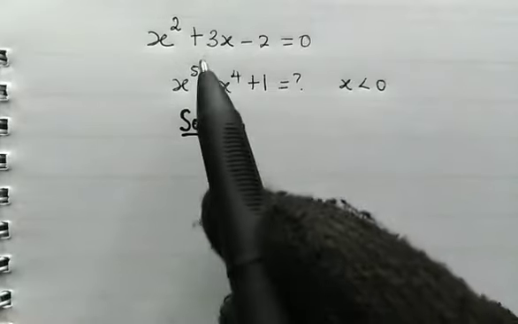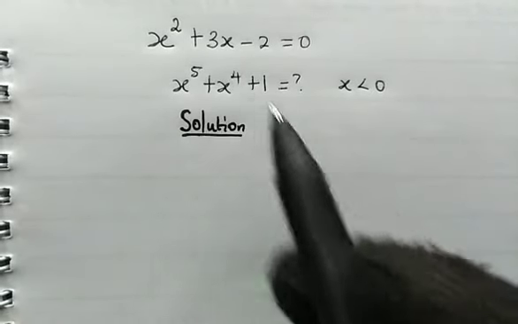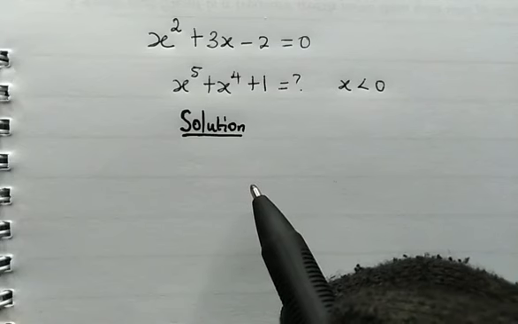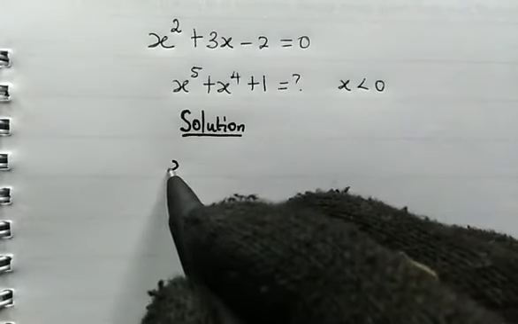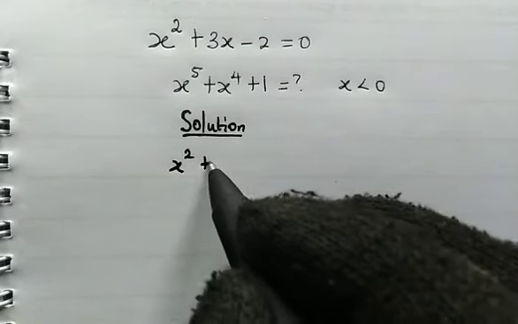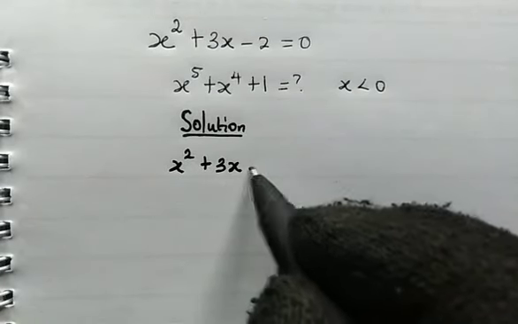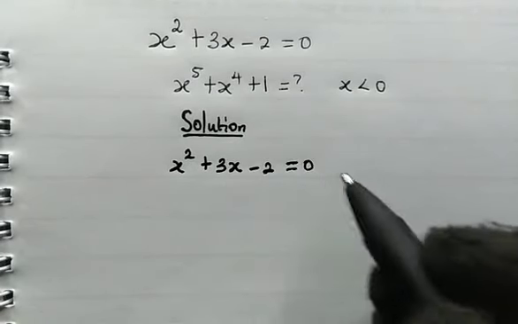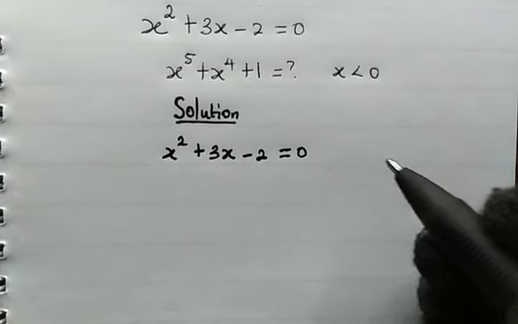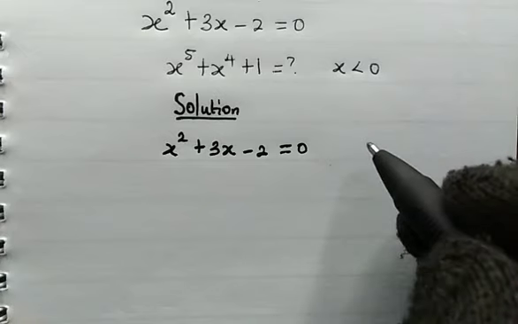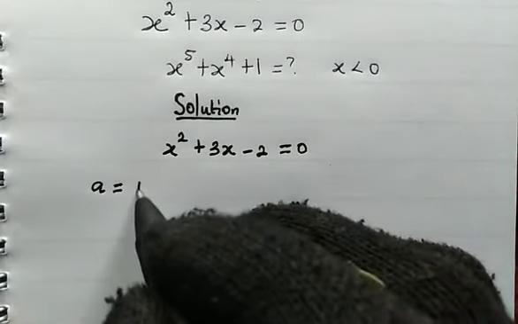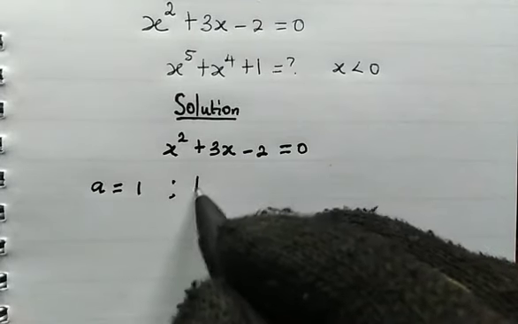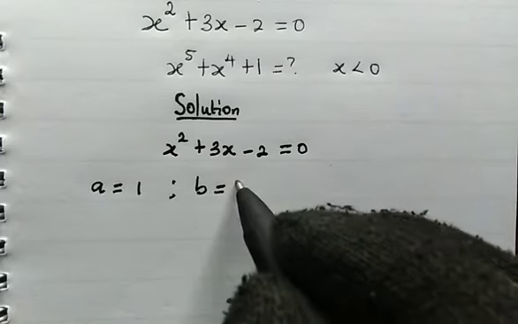Let's start by solving for the roots of this equation so that we can decide the root which is less than 0 or which is greater than 0. We have the given equation x squared plus 3x minus 2 equals 0. Now we're going to make use of the general quadratic formula. So here a will be the coefficient of x squared, which is 1. B will be the coefficient of x, which is 3.